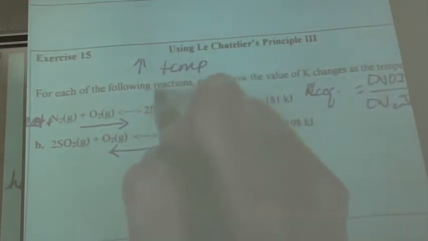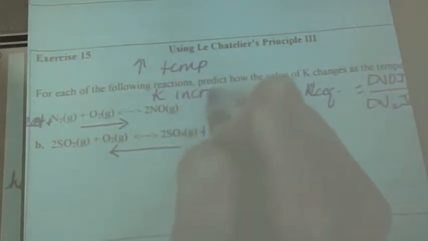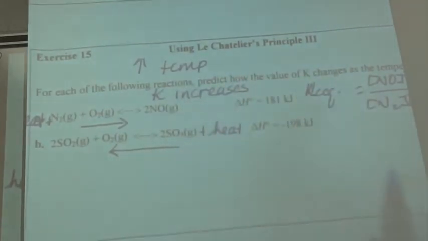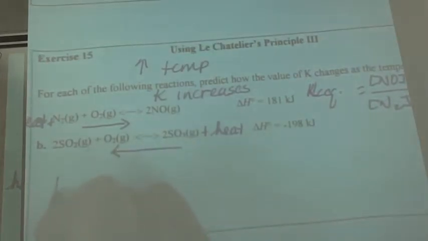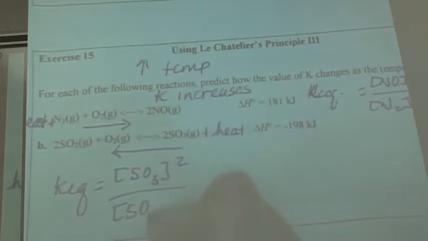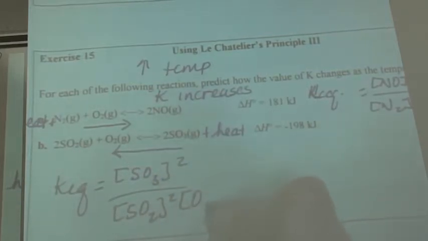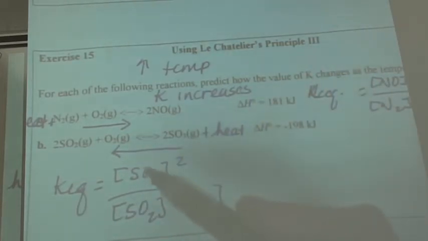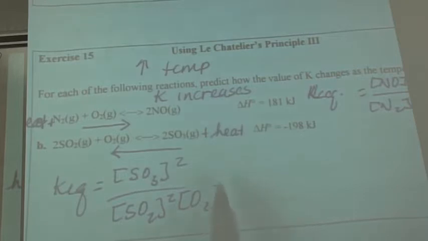K will increase. Now, for this one, K_eq is SO3 squared over the reactants. It shifts to the left, and when it shifts to the left, the numerator gets smaller while the denominator gets larger, so K_eq will decrease.